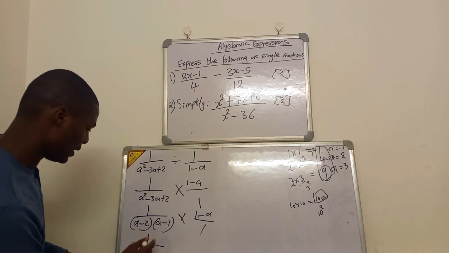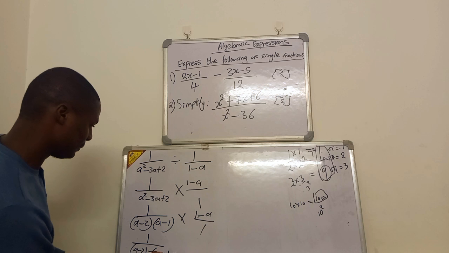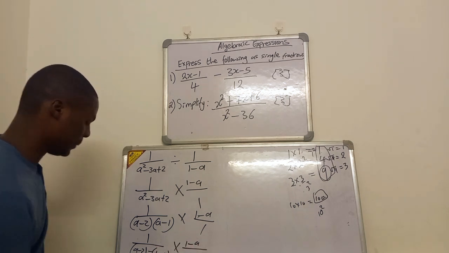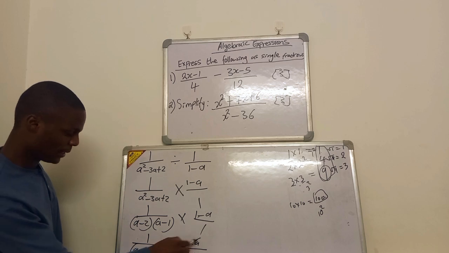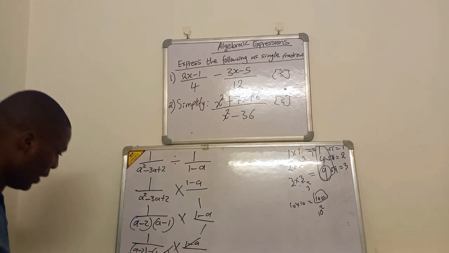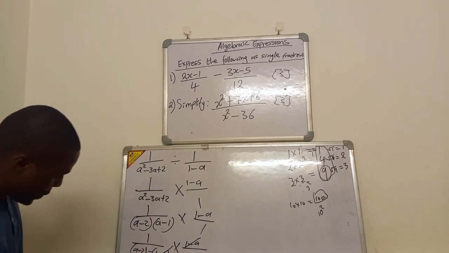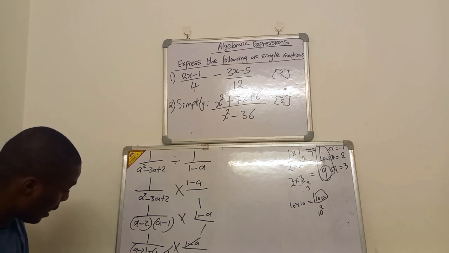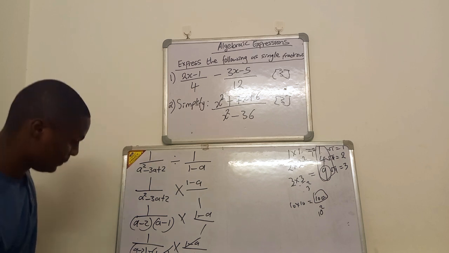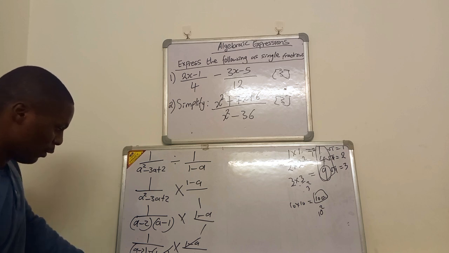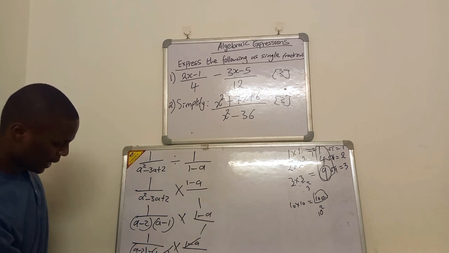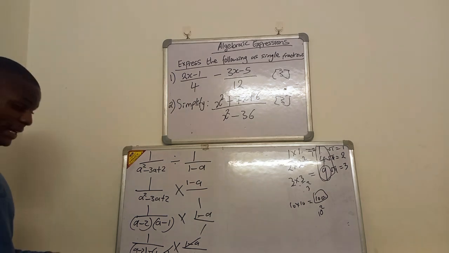If I factor out a negative, I will have 1 minus a times 1 minus a over 1. So 1 minus a and 1 minus a will cancel out. So I will have 1 over, and this negative will multiply this part, so it will be 2 minus a. 1 over 2 minus a times 1. So my answer is 1 over 2 minus a.